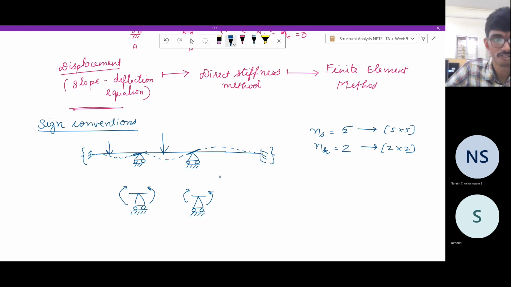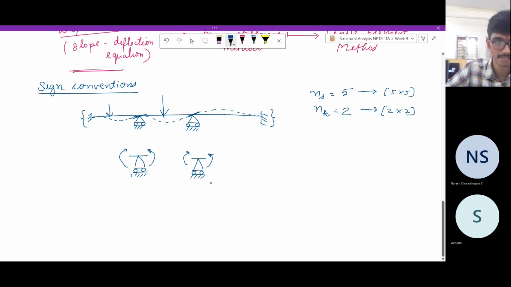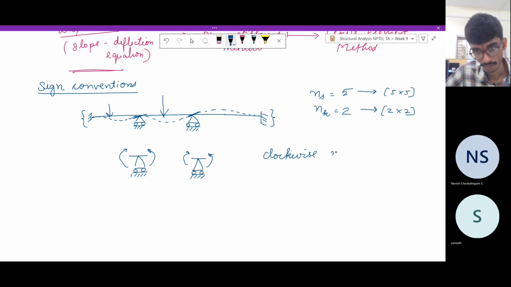Now, the sign convention for the moments in this method is all clockwise moments and rotations are positive.